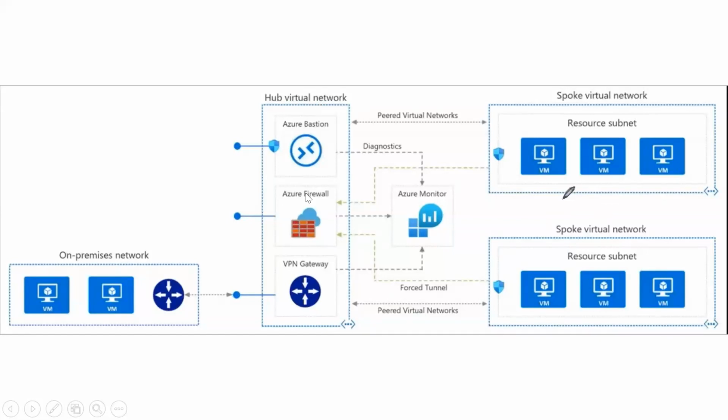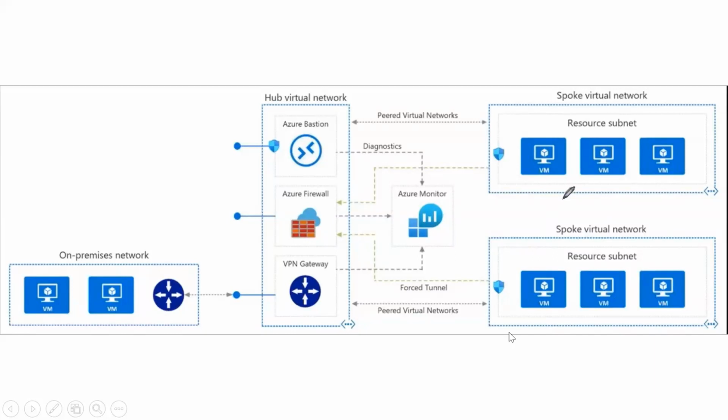Generally, in coming sessions, when we talk about firewall and VPN gateway, we'll talk about this again, right? So as of now, just assume these are the three VNets. In this VNet only one subnet is there, a resource subnet, and inside that subnet three VMs are created. And here also one subnet, three VMs are created.